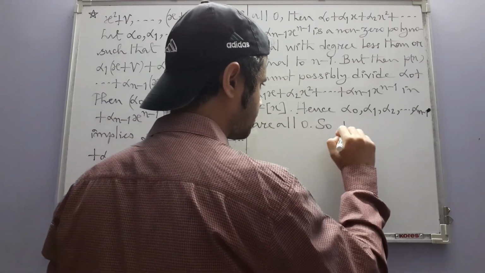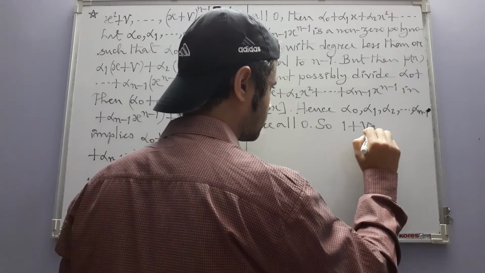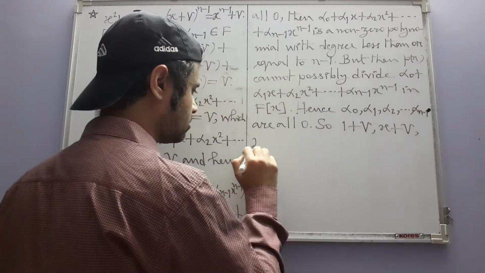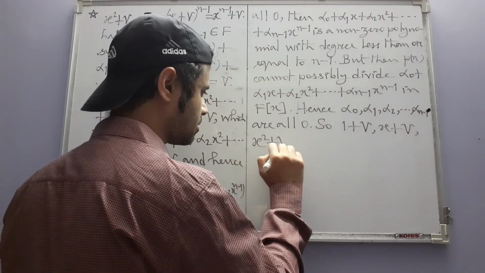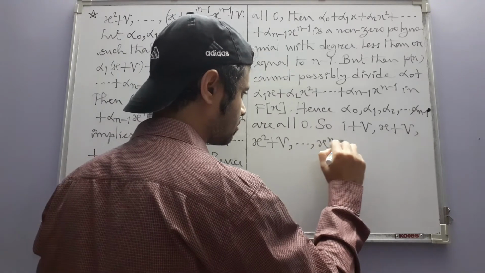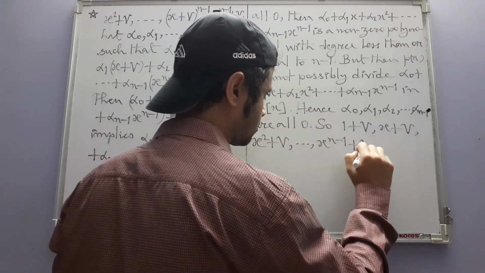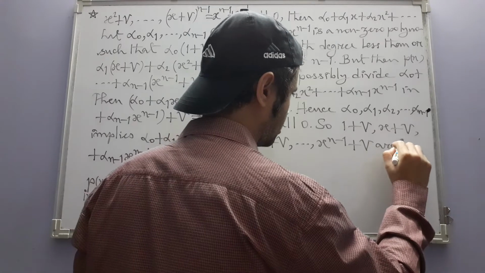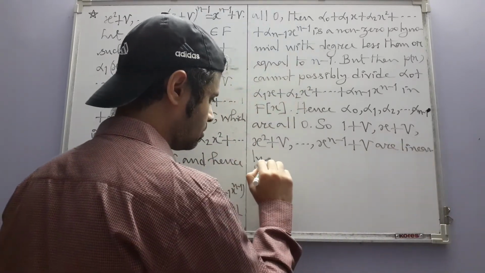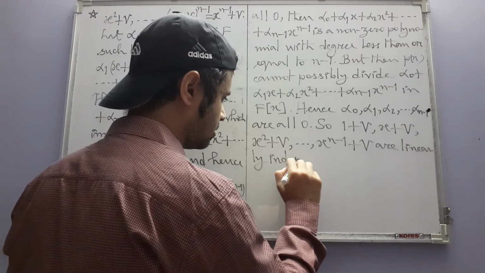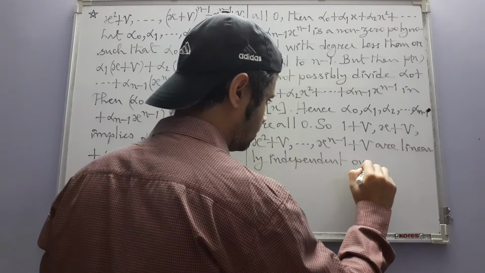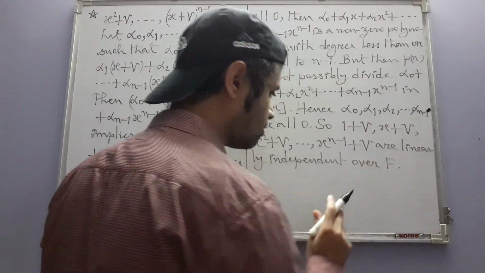So our vectors, which really are cosets of V, are linearly independent over F and really over F psi.